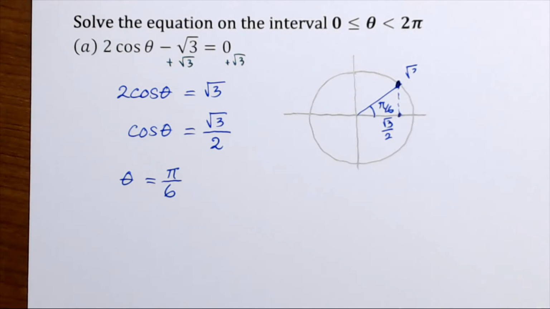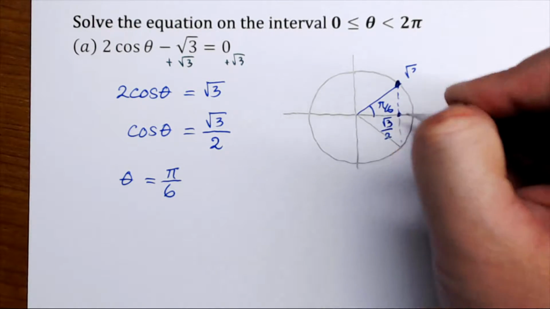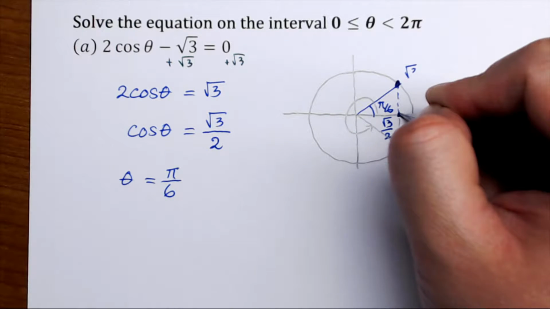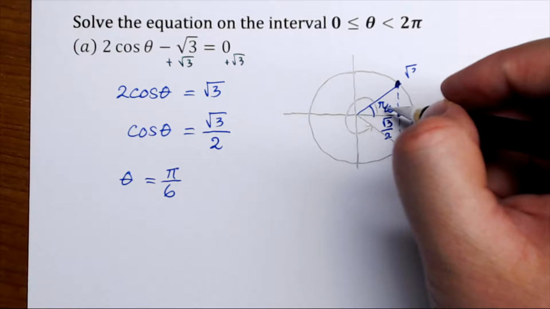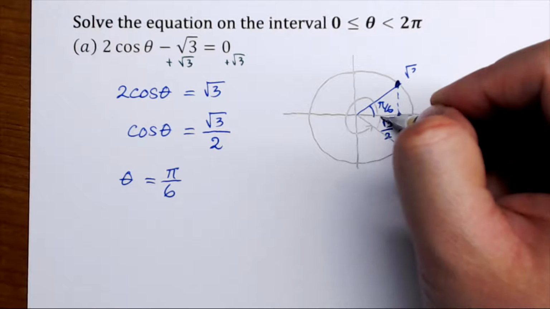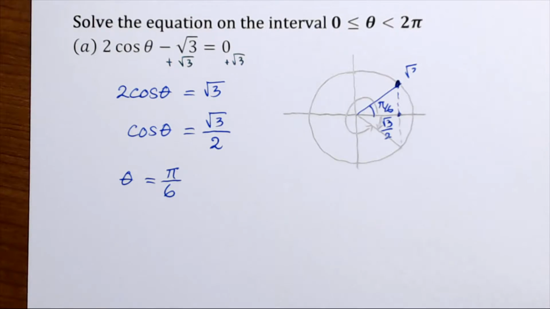And then we will have another angle here, because when we go around, we get back to this point where we have the same x values. If this is pi over 6, this is negative pi over 6, and we take 2 pi away from it.